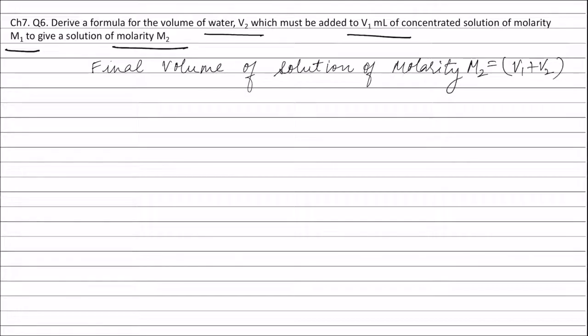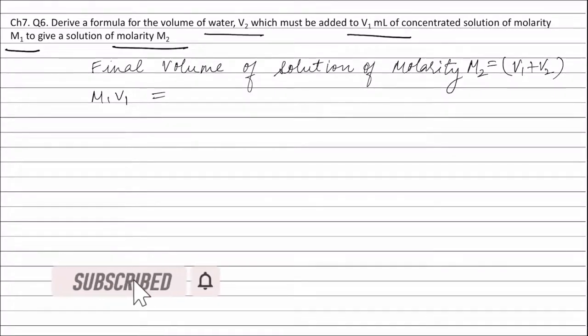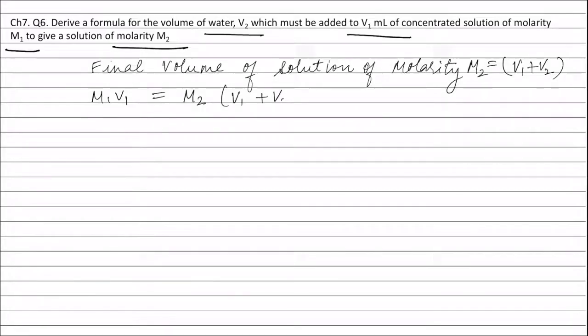Now applying the formula, M1 V1 is equal to M2 into final volume. Now final volume is V1 plus V2. Therefore, M1 V1 is equal to M2 into (V1 plus V2), and this is equal to M2 V1 plus M2 V2.